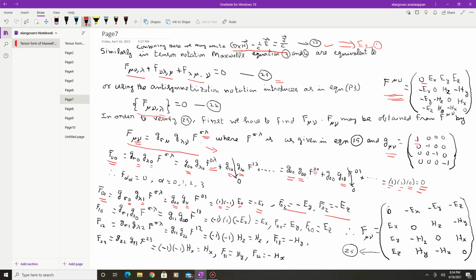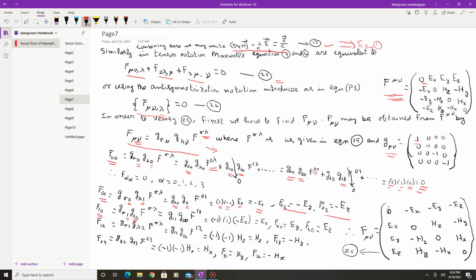Similarly, let us calculate the component f 1 0. F 1 0 is, you put mu is equal to 1, nu is equal to 0, perform the summation over sigma, perform the summation over lambda. Only when the two indices are equal do you have a non-vanishing value. Only when these indices lambda 0 are equal, you have the non-vanishing value.